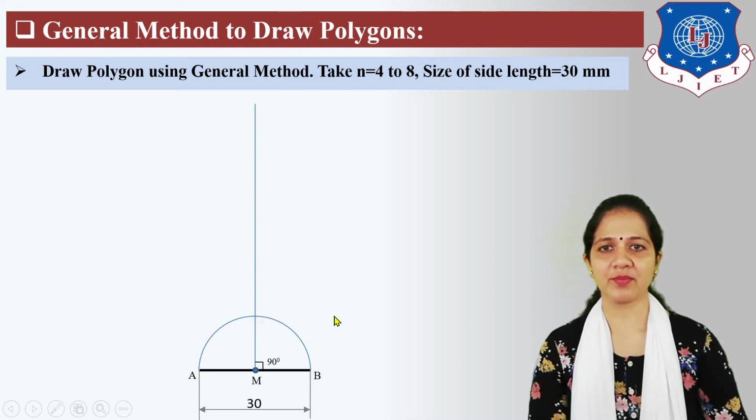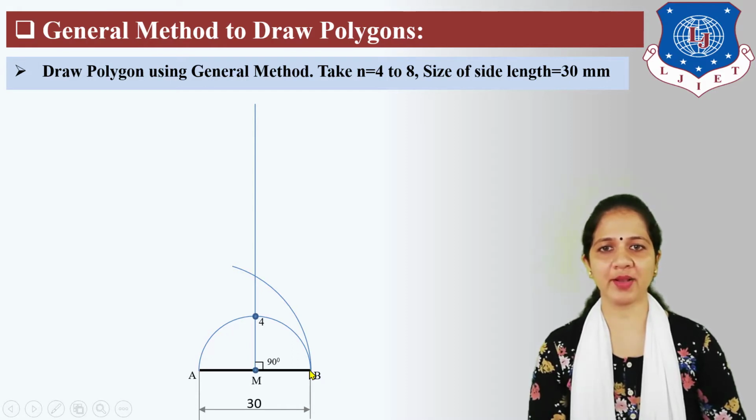Here, mark point 4, which is the intersecting point of the semicircle and the perpendicular line. Next, take A as center, radius A to B and draw one arc.